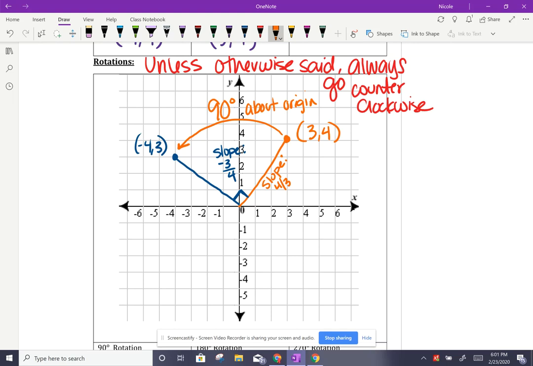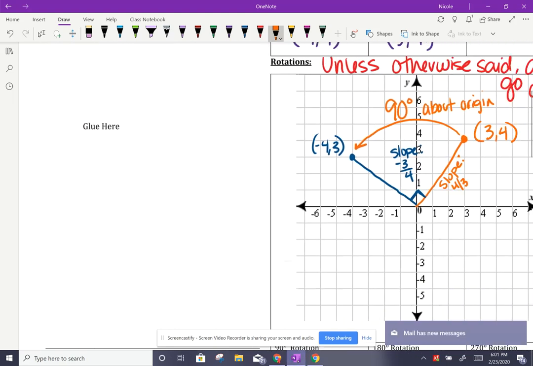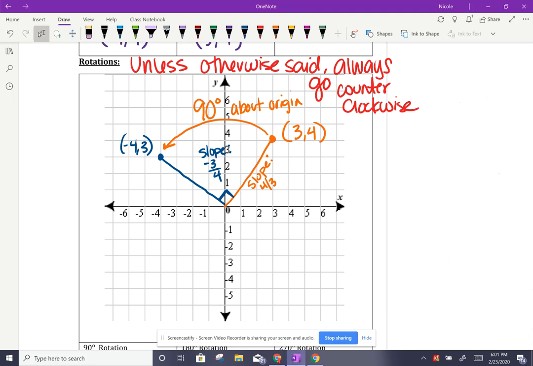And if we stop and compare what's happening at our points, look at your points, see what they kind of look like. You're going from 3, 4 to negative 4, 3. So we're keeping the same types of numbers. Nothing's changing with these numbers, as far as we're not going to a 5 or an 8 or a 6, but the location and the signs are changing.